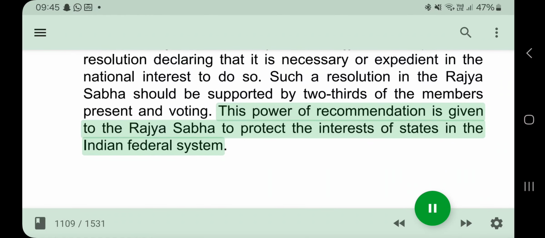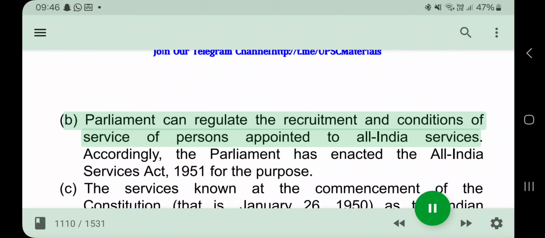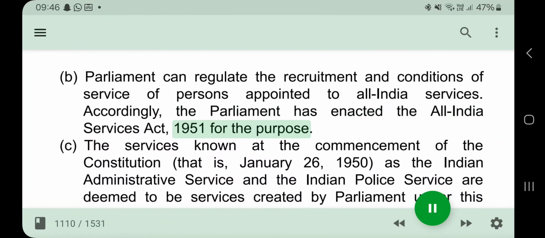This power of recommendation is given to the Rajya Sabha to protect the interests of states in the Indian federal system. B. Parliament can regulate the recruitment and conditions of service of persons appointed to All India Services. Accordingly, the Parliament has enacted the All India Services Act, 1951 for the purpose.